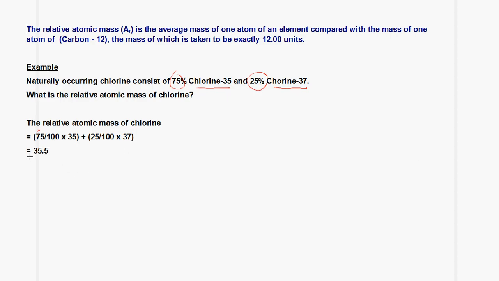And when we calculate this, we get 35.5. That is why in the periodic table, you will see chlorine often written as 35.5 and 17. This is where they got the 35.5 from. Naturally occurring chlorine consists of chlorine-35 and chlorine-37 in a ratio of 75% to 25%.